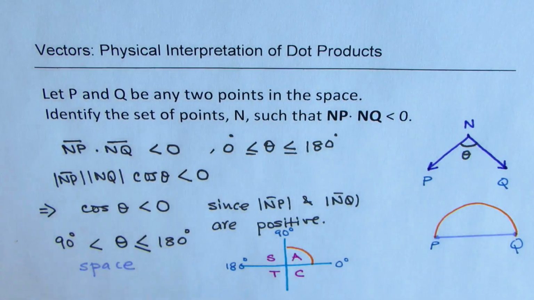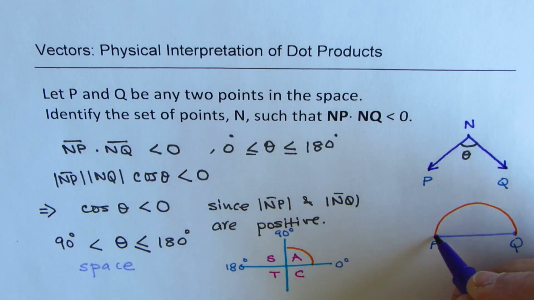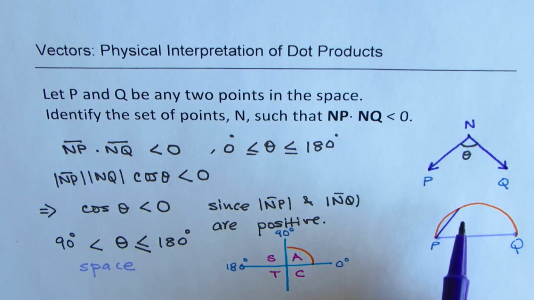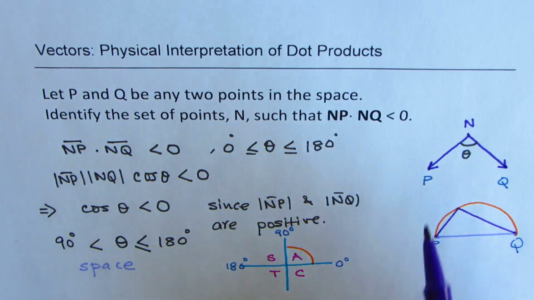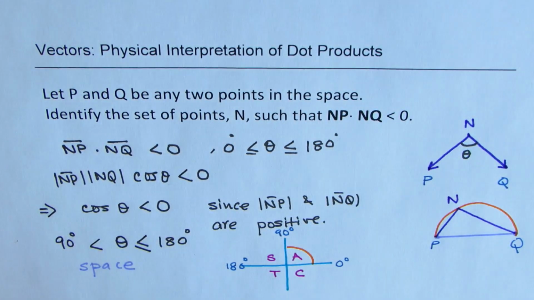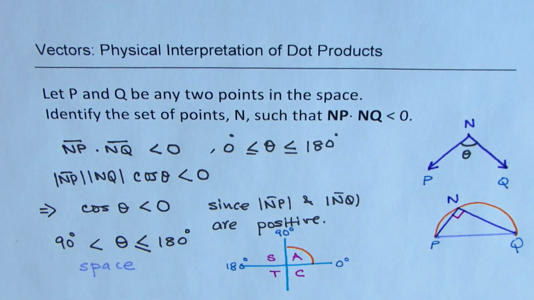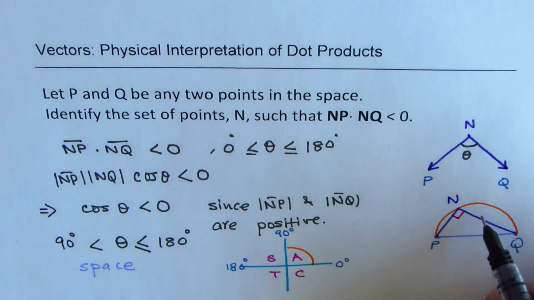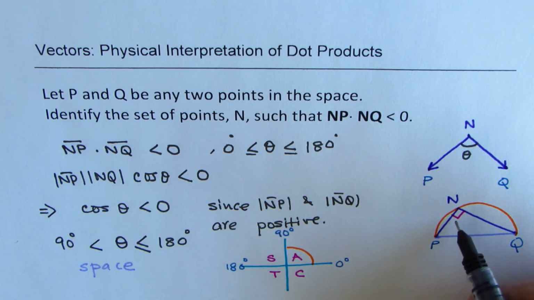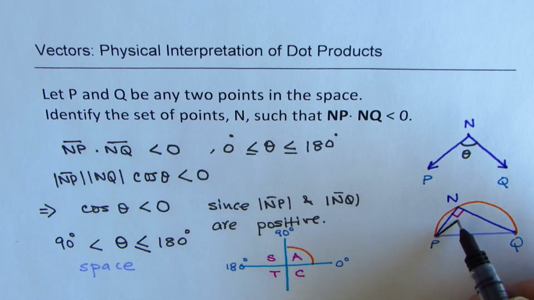In that case, you will notice that any point taken on the circle will make a 90 degrees angle. So if my point N is on the circle, I will have a 90 degrees angle. If I have a point inside the circle, let us say it is not here, but somewhere here, right?